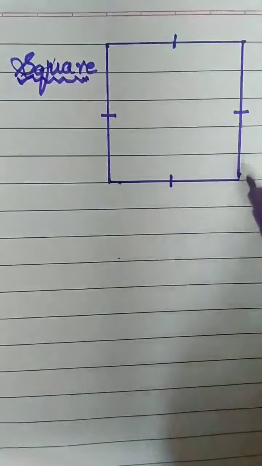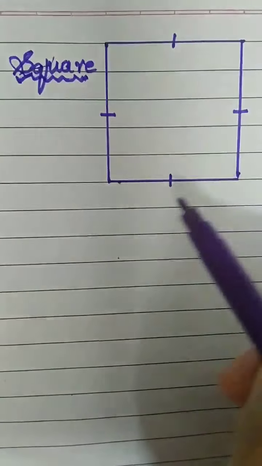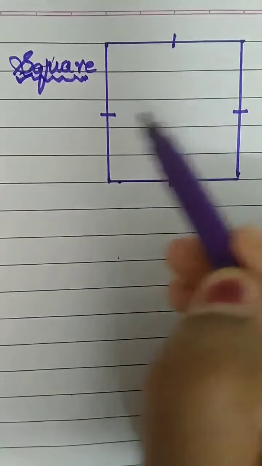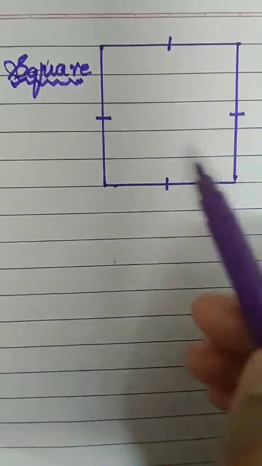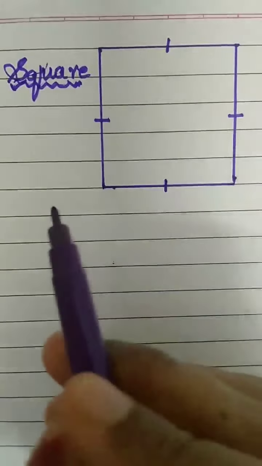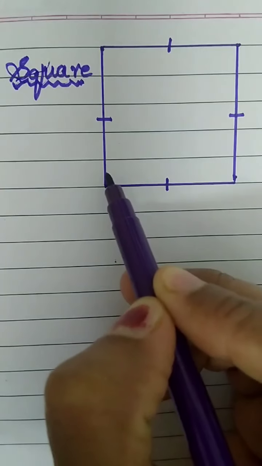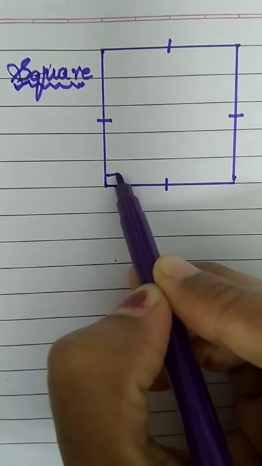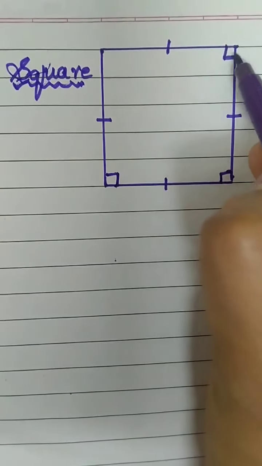I have drawn a square, roughly, not with the geometry box. Roughly with a scale I have drawn a square and I have marked all the sides congruent. But does this define a square? No. If you want to define a square, you should specify about its angles also. So here you have to mark all the angles 90 degrees.